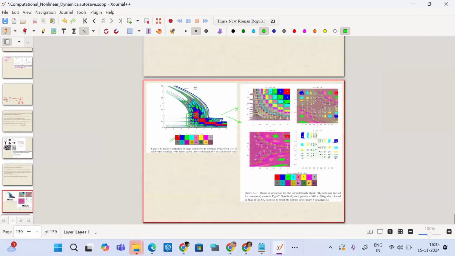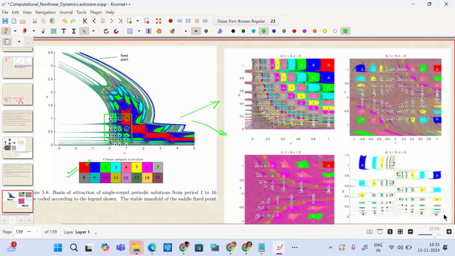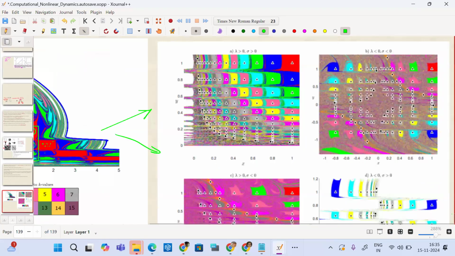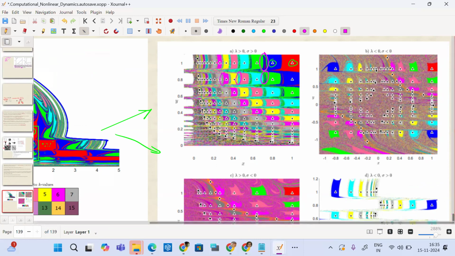If you are here, it is quite easy to get attracted. But if you are in this region, then it is very complicated. In these regions, the fractal boundaries are very rough, and you cannot predict where the point will go.